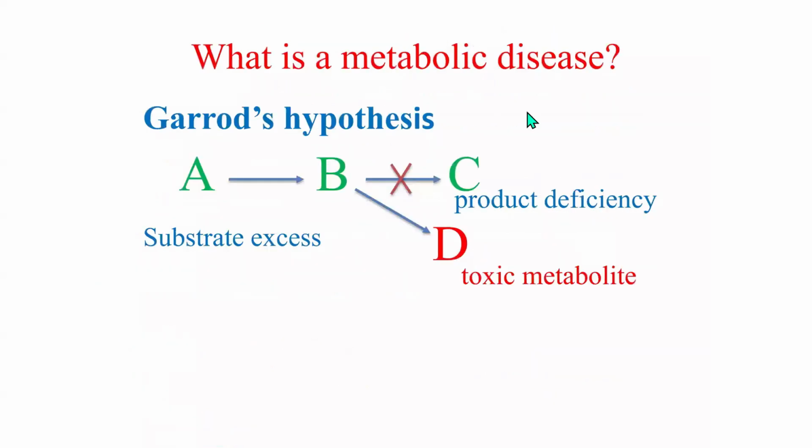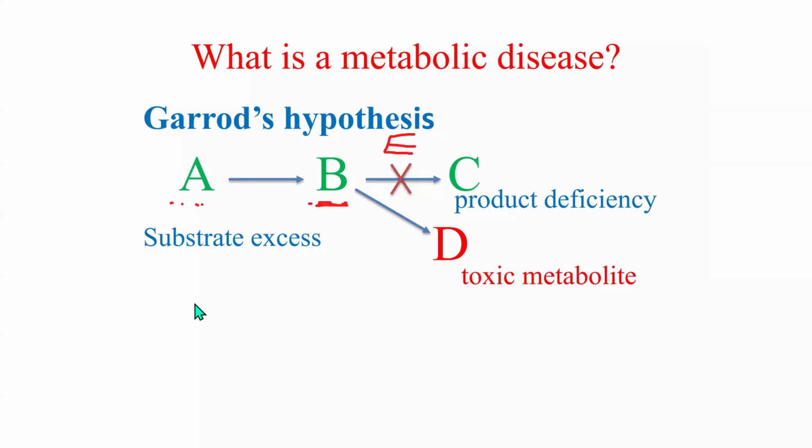So what is a metabolic disease? According to Garrod's hypothesis, he gave this demonstration: if you have A as a substrate, which is converted to produce B, and then B is converted to produce C. What happens if there is a problem? Let's say the enzyme that converts B to C is defective.